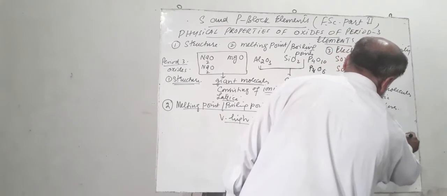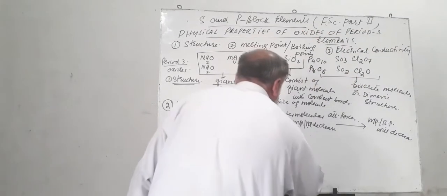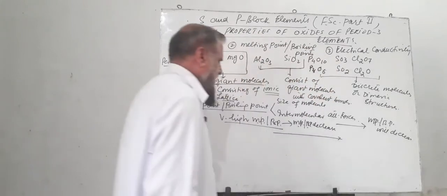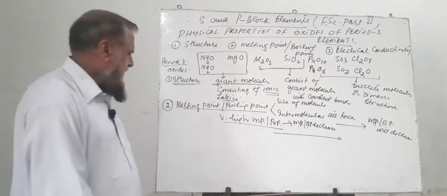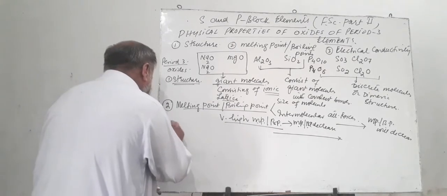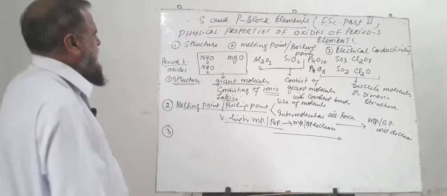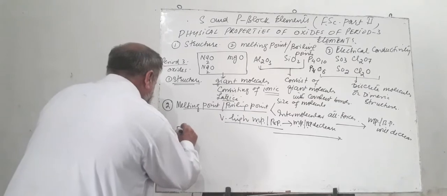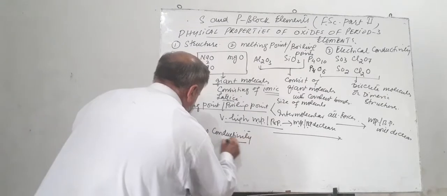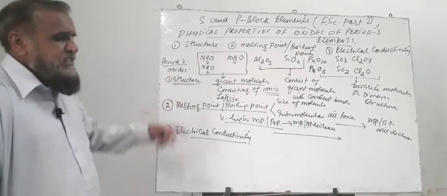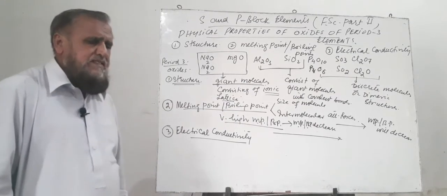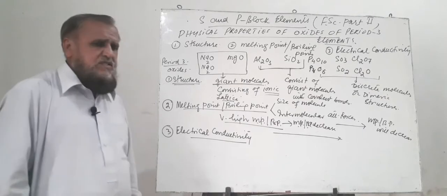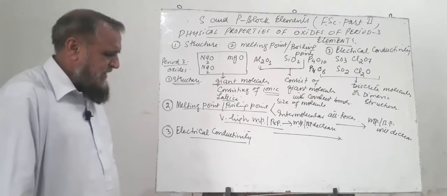Thus, we can say that generally as we move along period 3, the melting point and boiling point of oxides decrease. The third property of oxides of period 3 is electrical conductivity. Electrical conduction is either due to the presence of free electrons or due to the presence of mobile ions.